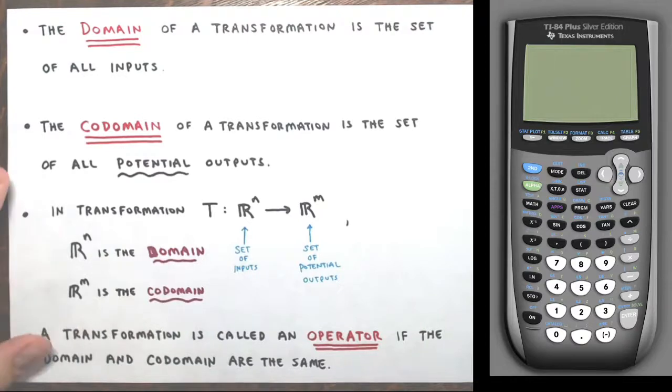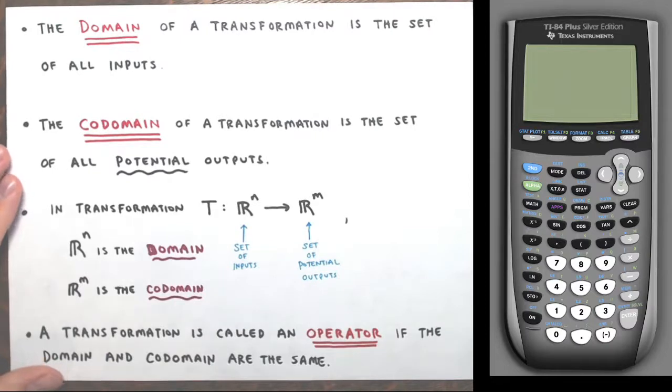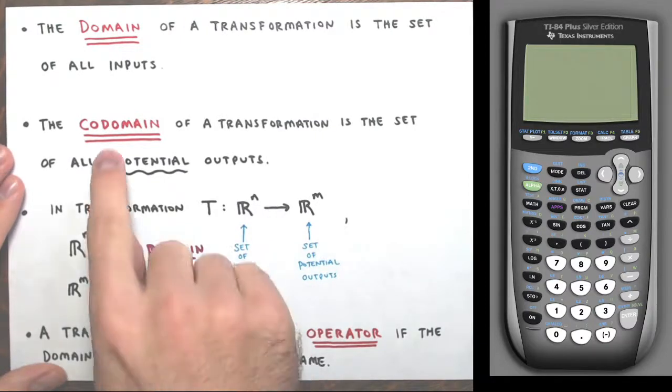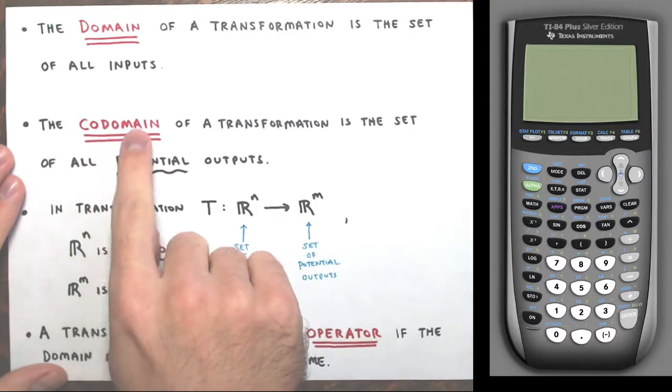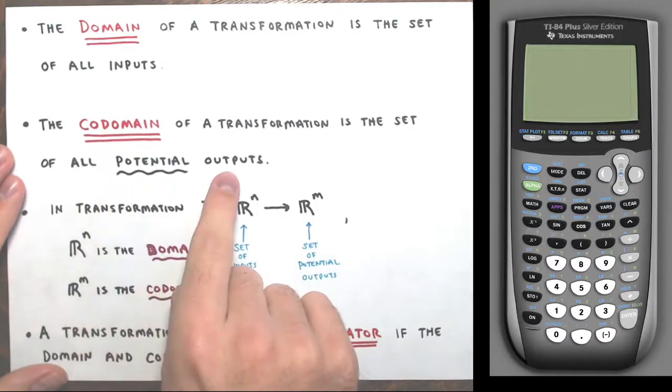Now, the codomain, don't confuse this with the range. The range, as we'll see later, is the set of all the actual outputs. The codomain could be equal to the range, but the codomain is a set of all potential outputs.